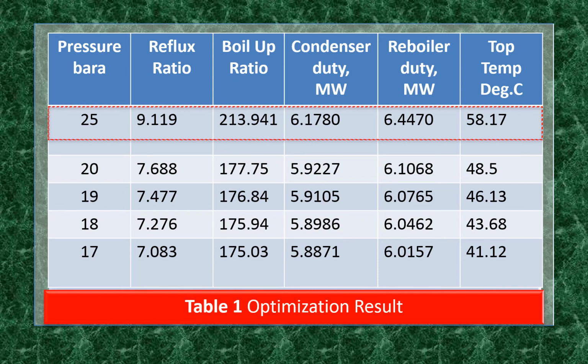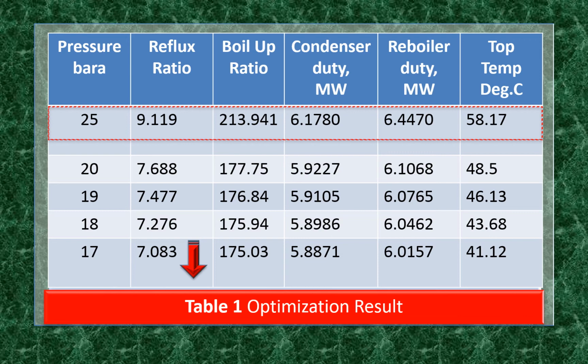Let us now analyze the result in this table. As the pressure is decreased from 25 bar to 17 bar, the reflux flow is progressively reduced with a corresponding reduction in reboiler and condenser duties. At 25 bar, the reflux ratio is 9.1 and at 17 bar, the reflux ratio drops to 7.1.